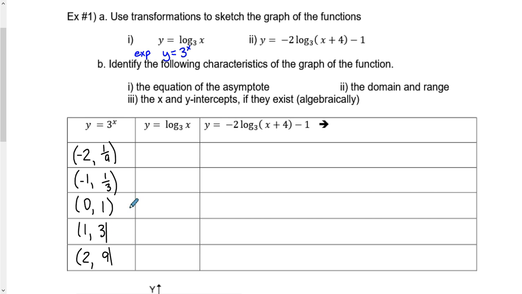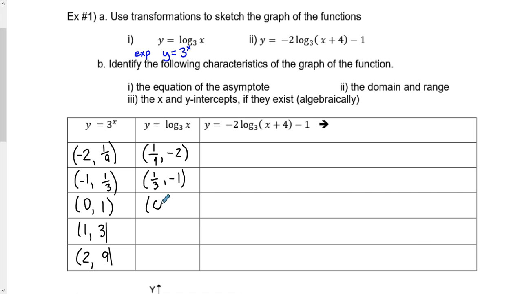As soon as we have those points, though, in order to get the logarithm, since the exponentials and the logarithms are inverses of each other, to go from the exponential to the log, switch the x and y. So instead of -2, 1/9, it's 1/9, -2. Instead of -1, 1/3, it's 1/3, -1.